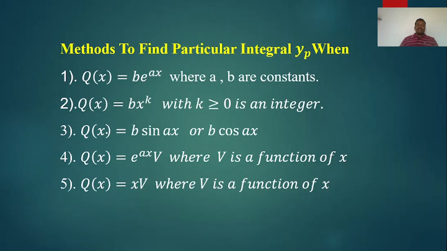Third one, Q(x) = b sin ax or b cos ax, where a, b are constants. Fourth one, Q(x) = e^(ax) v, where v is a function of x and a is a constant. And the fifth method, Q(x) = x v, where v is a function of x.